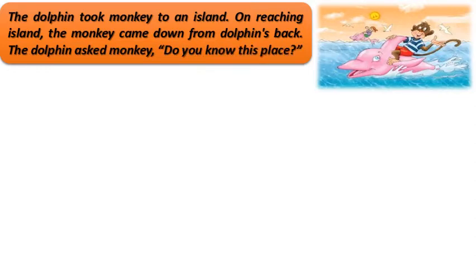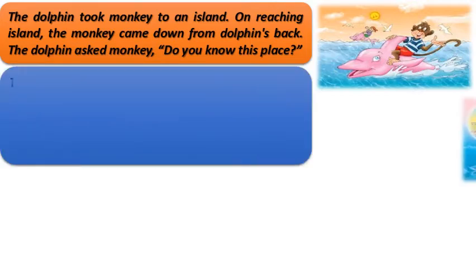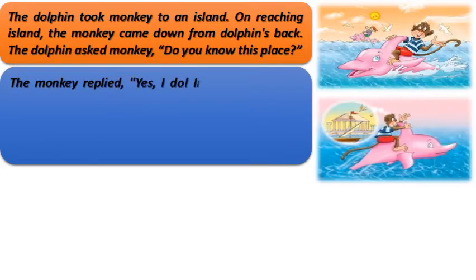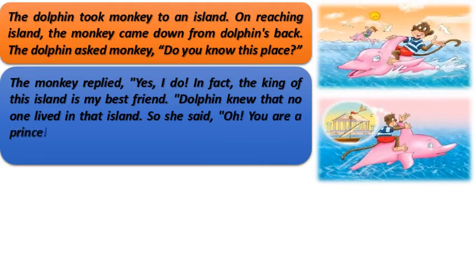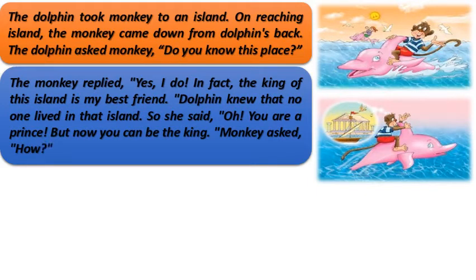The dolphin asked the monkey, "Do you know this place?" The monkey replied, "Yes, I do. In fact, the king of this island is my best friend." The dolphin knew that no one lived on that island. So she said, "Oh, you are a prince, but now you can be the king."